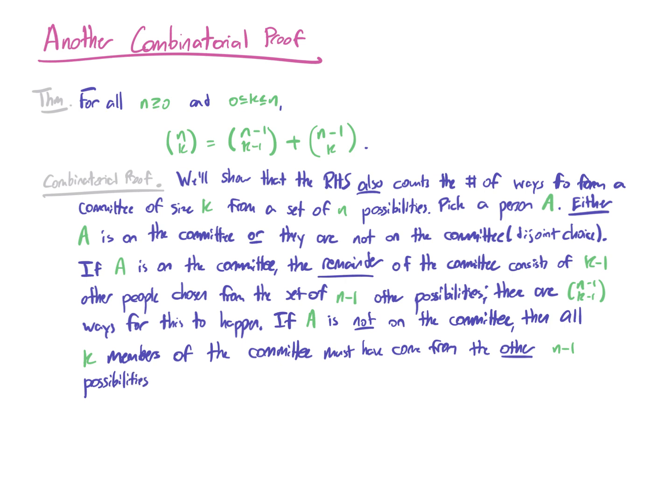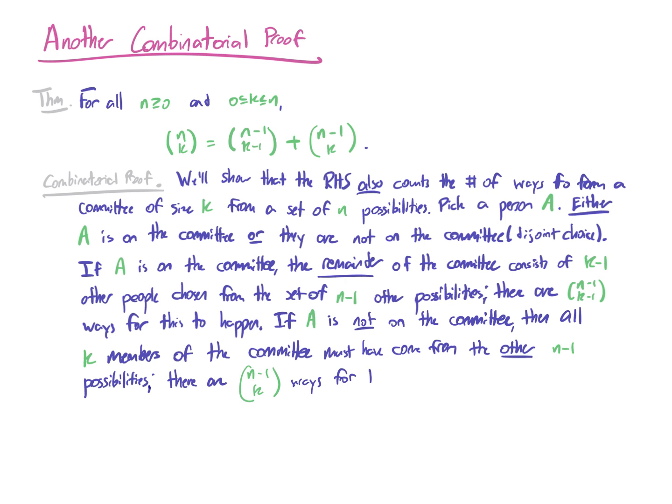So here, if I know that A is not on the committee, there must be a total of k people who are on the committee, and there are n minus 1 people who aren't A, and the k members must have been chosen from among those n minus 1 people. So this is my other case, and there are a total of n minus 1 choose k ways for this to happen.